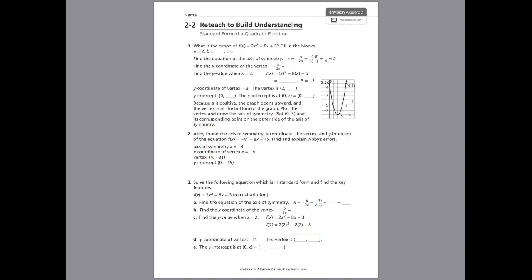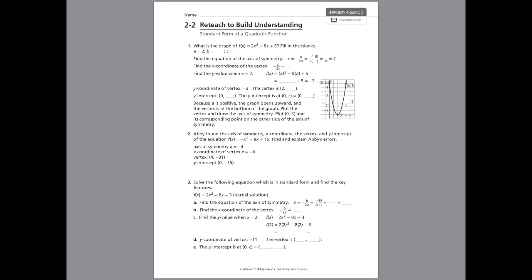This worksheet is a reteach to build understanding sheet. This is just like the one that we did yesterday where we reviewed the information by filling in the blanks and making sure that we actually understand the work that we just did in the examples.